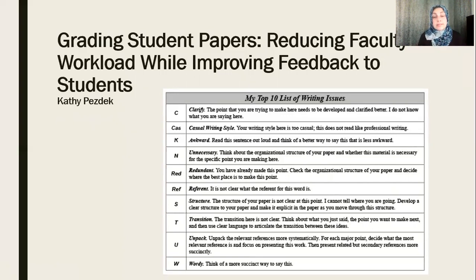And as you can see, she has given here codes for each of them. A C represents clarity. A CAS represents casual writing style. A K represents awkwardness. So you're awkward. I just represent this with a K. When I put an N, it's unnecessary.